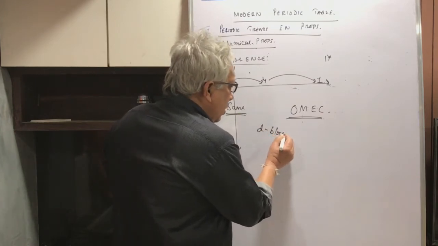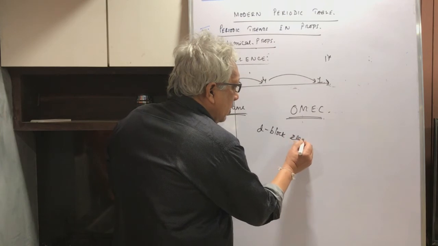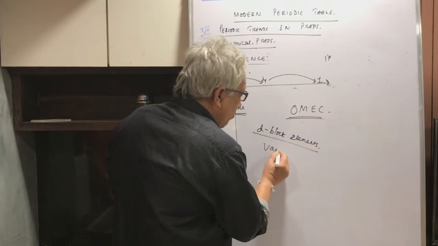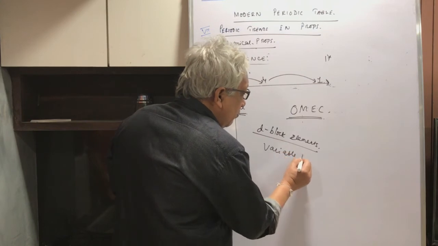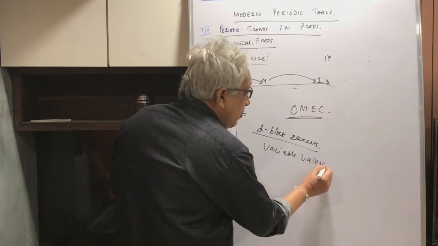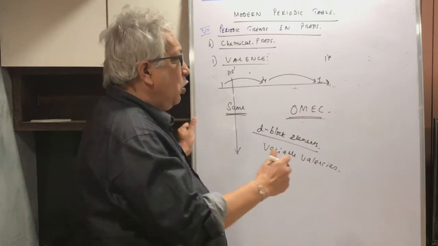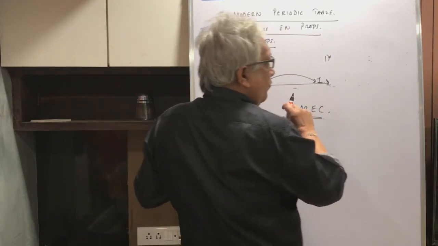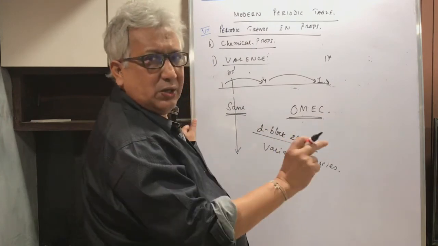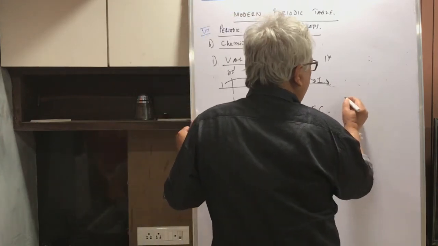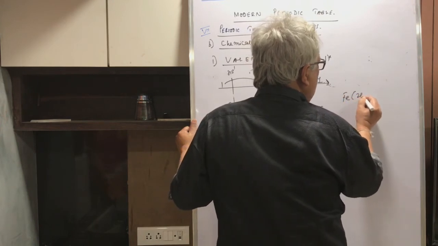well children, you must remember that d block elements can show variable valences. What is the reason? Because the electrons enter the d orbital, and from there the electrons can be shifted. I'll just tell you one case, say for example Fe 26.